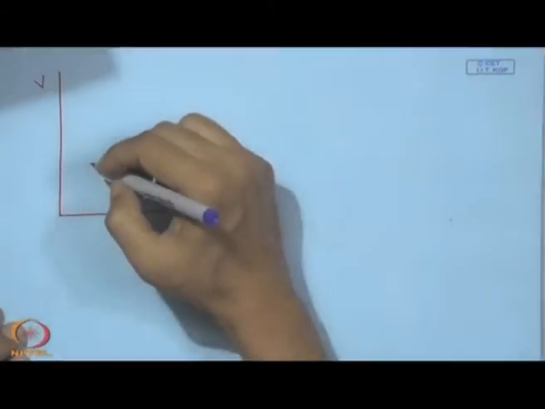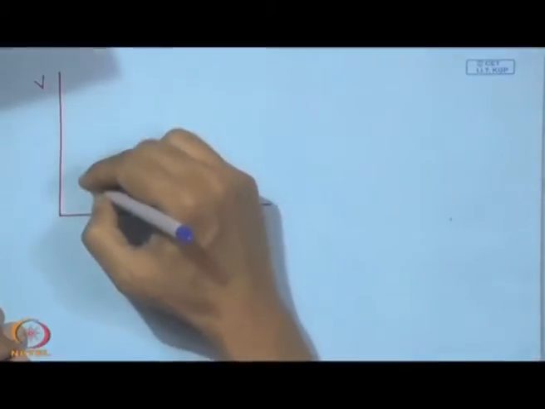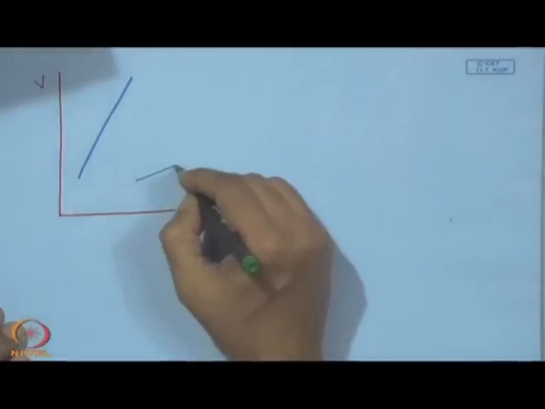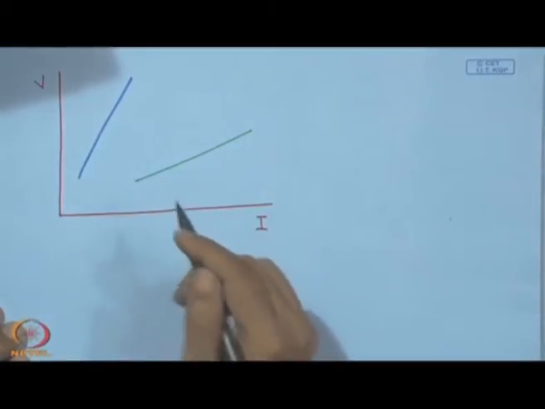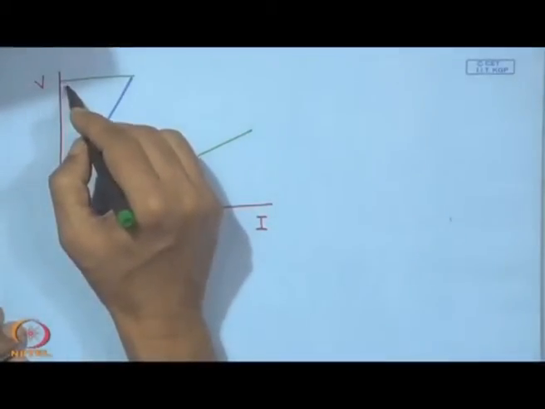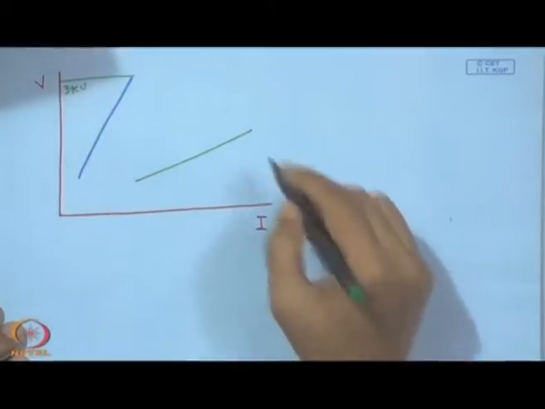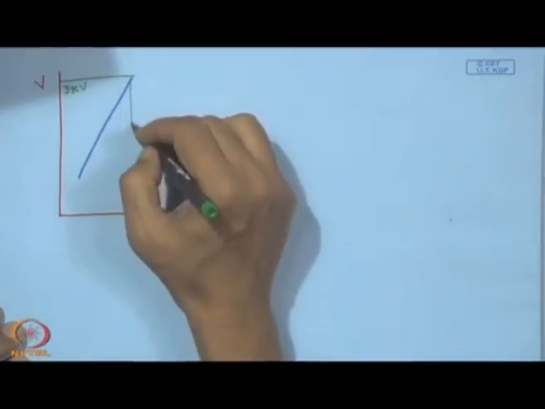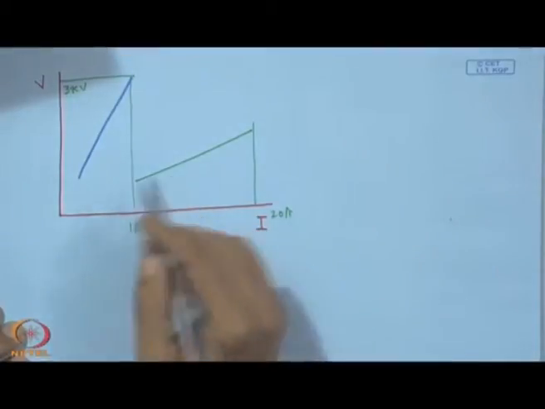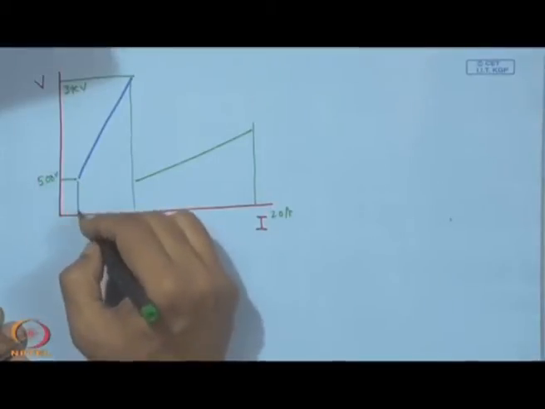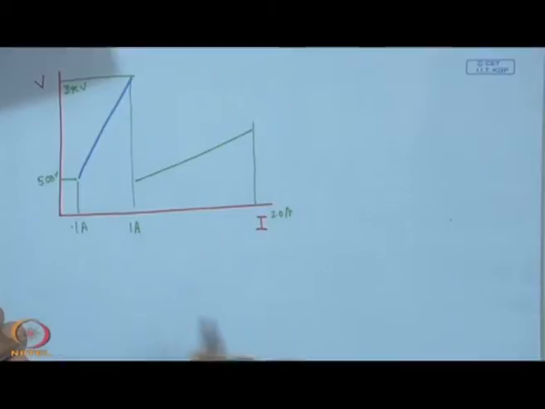Now, here we can see two graphs, one may be something like this, and another graph we can find on this side. By way of illustration, some indicative values: maybe this is around 3 kV and this is around say 20 ampere, and this is just around 1 ampere and this is say few hundreds of volt, 500 volt, and this may be around 0.1 ampere.